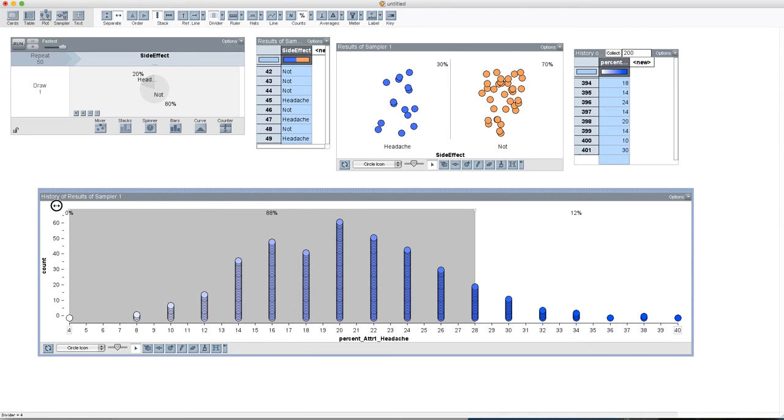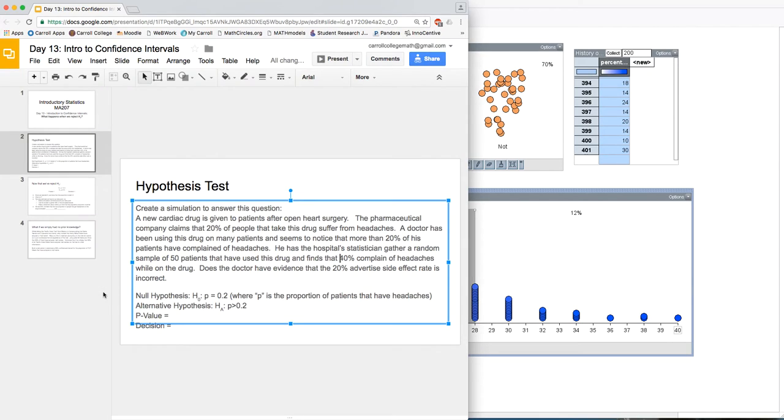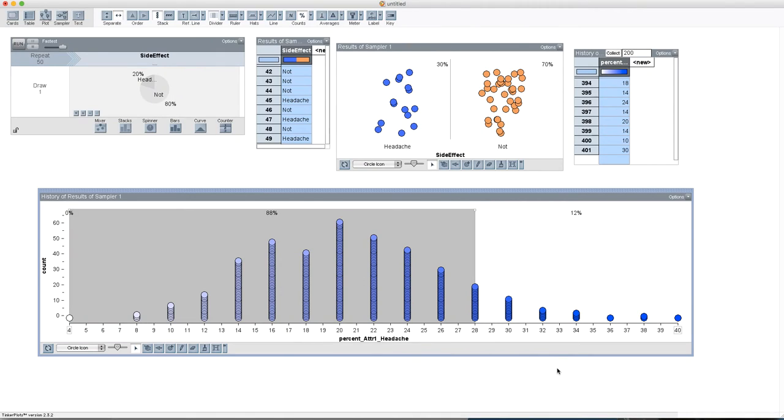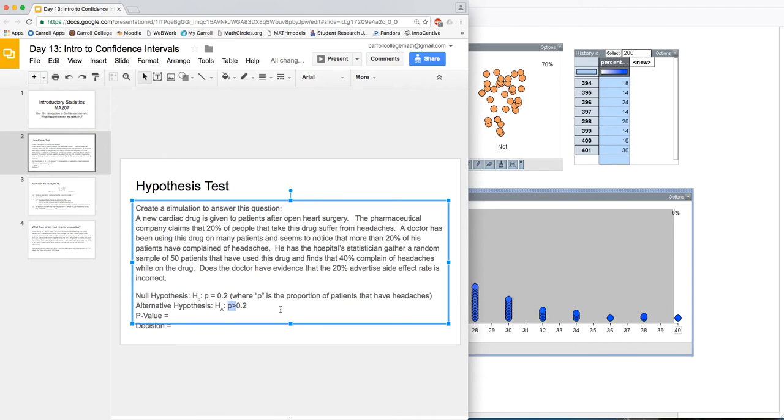So let's look at estimating our p-value. I don't care about the left because the hypothesis test was right-tailed. And I want to go find my 40%. Well, my 40% is way the heck out here. And so my p-value is, it says 0. Remember, TinkerPlots will round for you. So my p-value here is less than 1%.